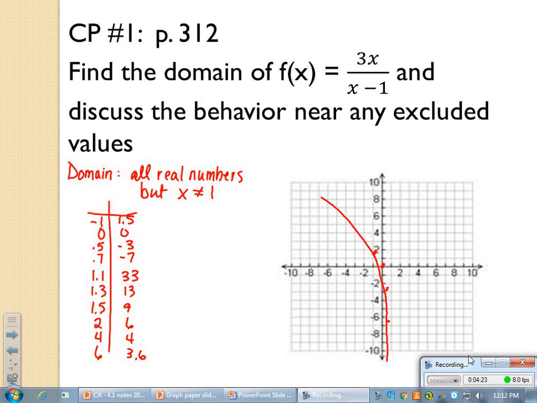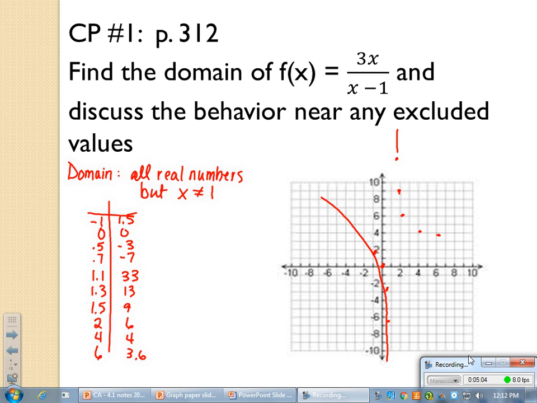On the other side, it starts in real high off my graph paper. 1.3 would put me up here somewhere. 1.5 was right about at 9. 2 was at 6. 4 was at 4. 6 was at 3.6. And I think you can see here that this curve is going to level off as well.